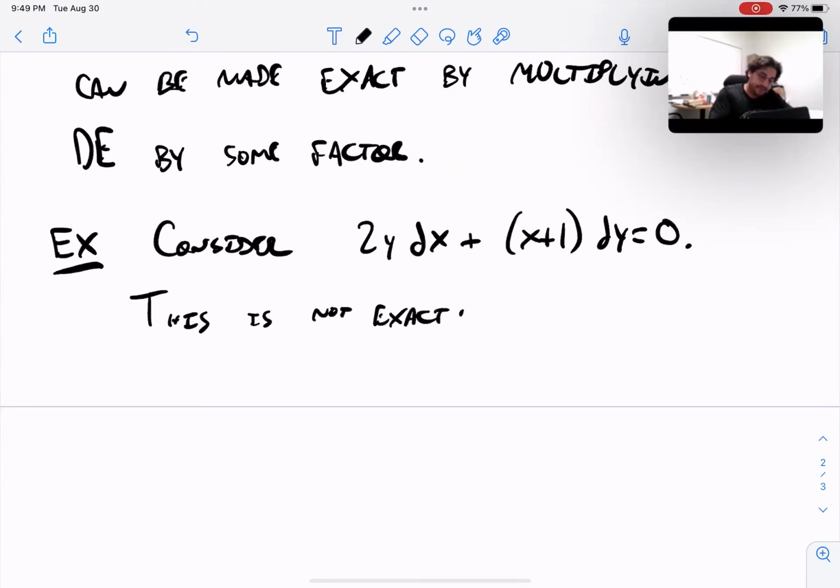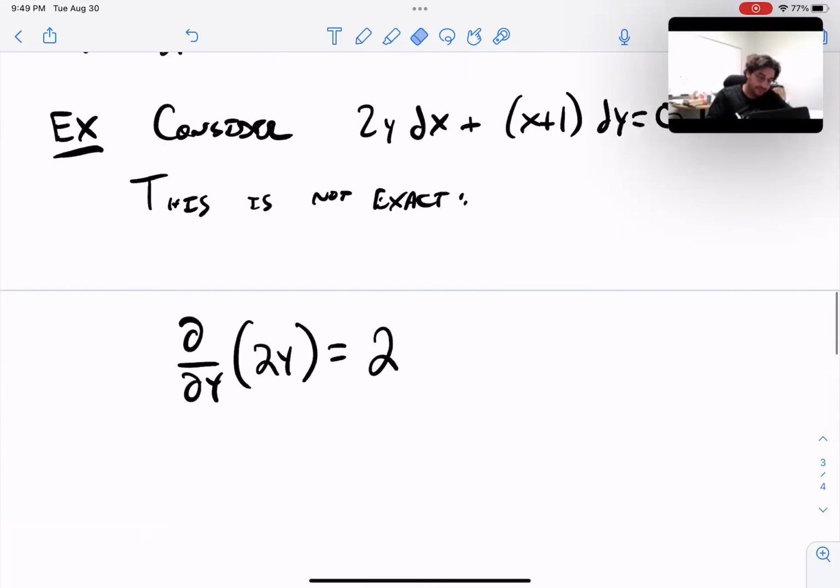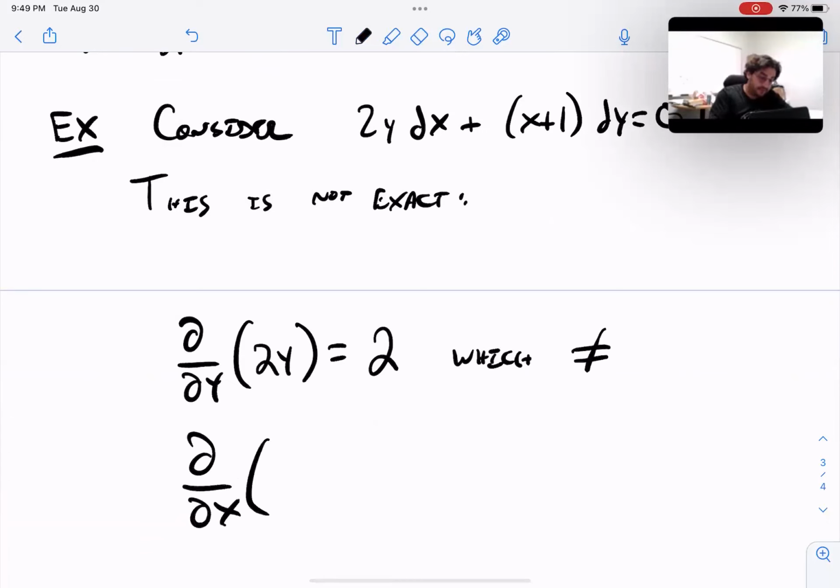Because if I take the y partial of P, I get 2, and that does not equal the x partial of Q, which is 1. So this fails the test for exactness.